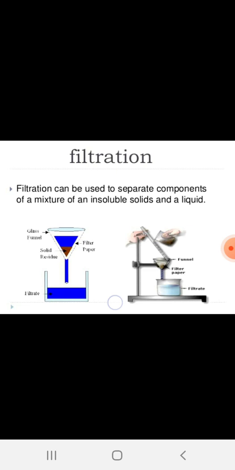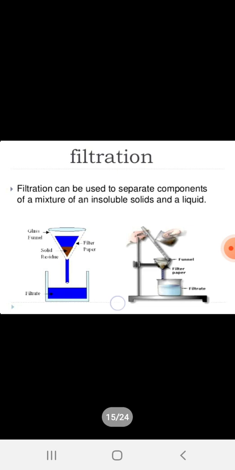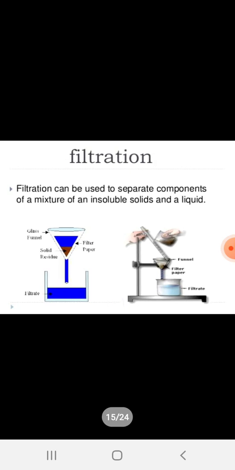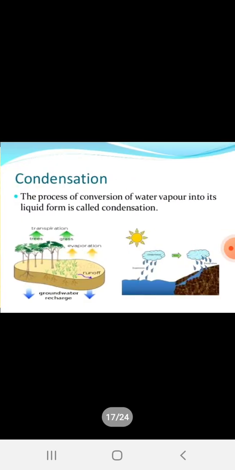Now how are you going to separate the two components from the solution that are miscible with each other? For example, if I take a salt water solution, salt is soluble in water. Now, if you get a salt solution, how are you going to separate salt from water again? This is by the method of evaporation.